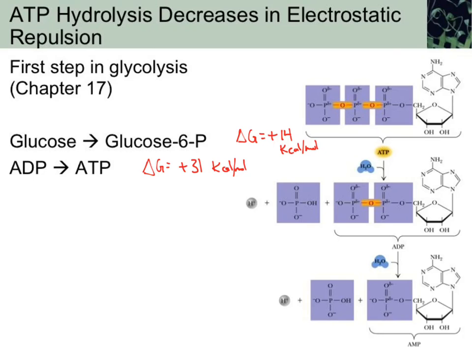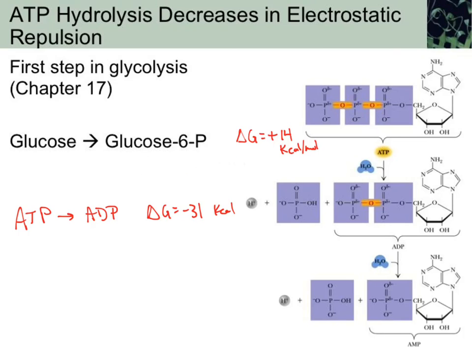What should we do if I actually want this to work, where we transfer one to the other? Do the reverse reaction. Instead of doing ADP to ATP, let's do ATP to ADP. What happens to the delta G? Now it goes negative 31 kcals. And now when I run the reaction, what happens?